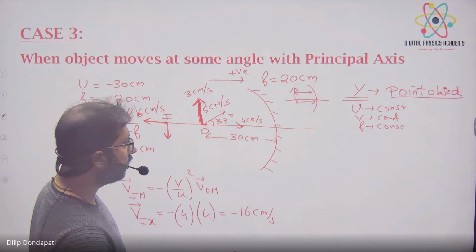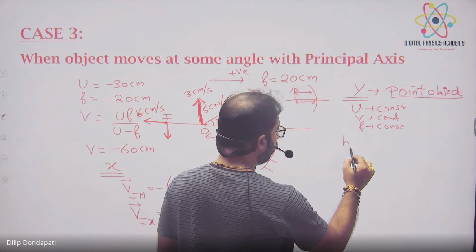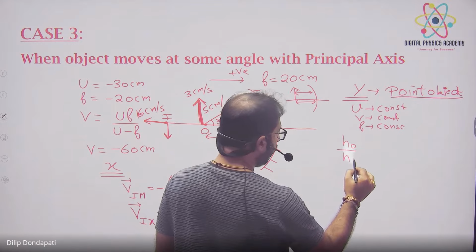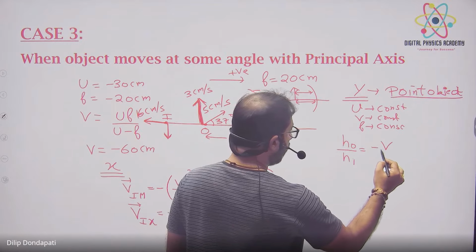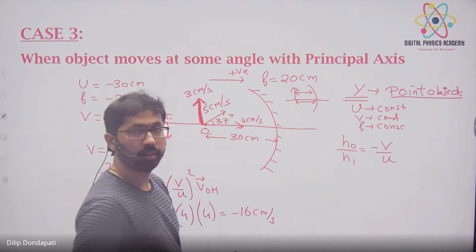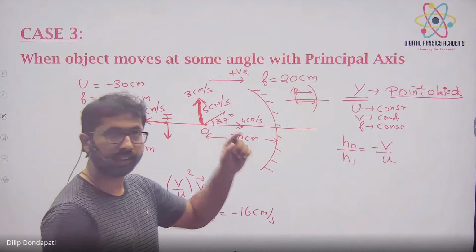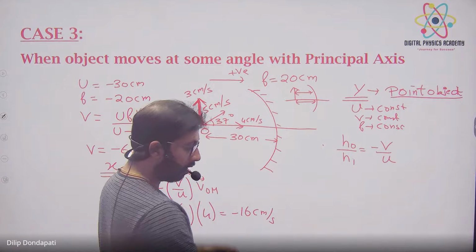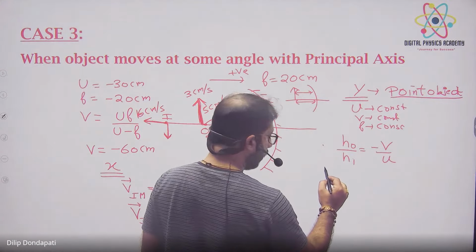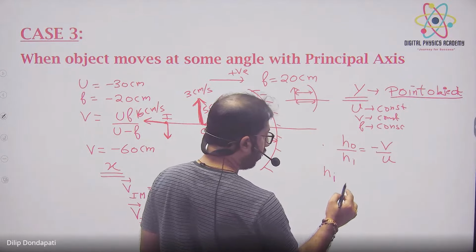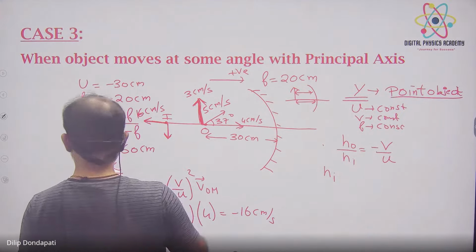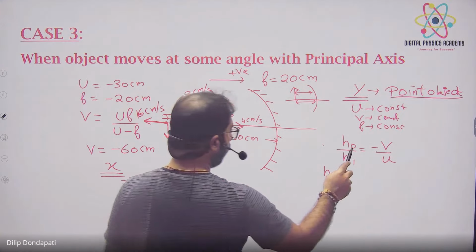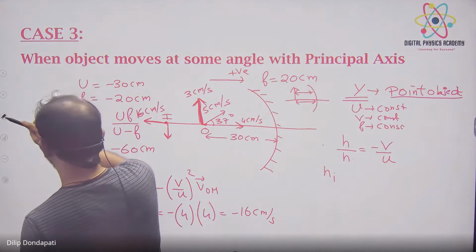So always start from here only, always h_o by h_i is equal to minus v by u. Start always. Even second case derivation also be done from here only. So cross multiply. So h_i by h_o is equal to minus v by u.